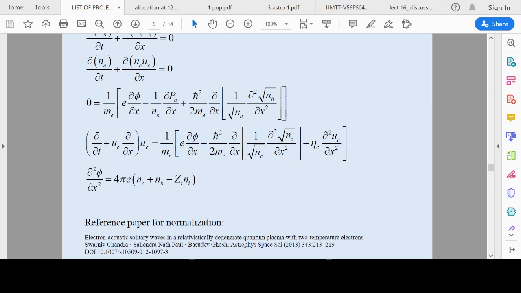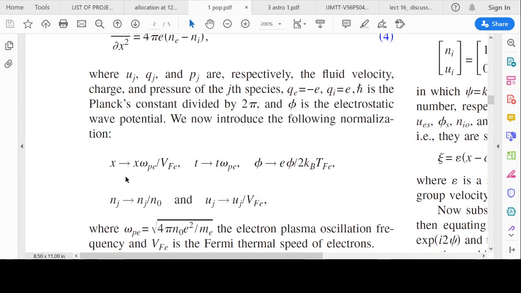Now someone asked me, sir, can we take a different kind of normalization? Well, that's always possible, but it should also be valid. So if you are doing your problem in the quantum regime and you take a normalization in the classical regime, that is the thermal temperature we often call, I would prefer to overcome this confusion and normalize with Fermi velocities.